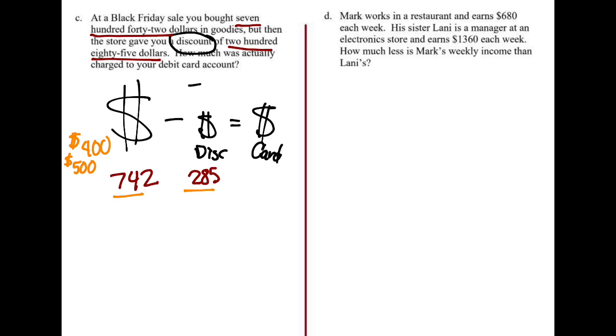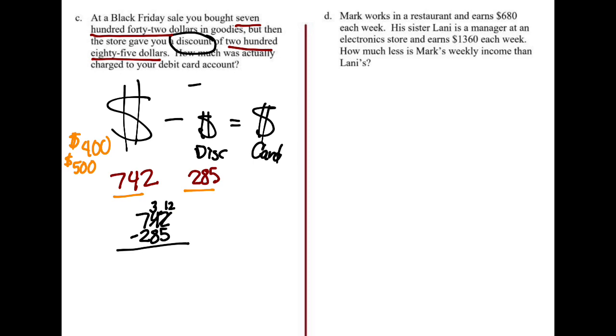Okay? All right, so my plan is let's just subtract them. Okay, so we're going to line the big one on the top, the little one on the bottom. Subtract the discount from the total to see how much they're actually going to charge me. Okay, so execute time. Here we go. Take 1 away from the 4, it's a 3.